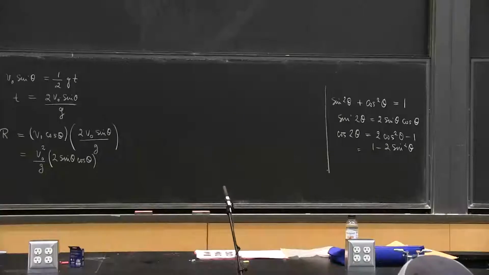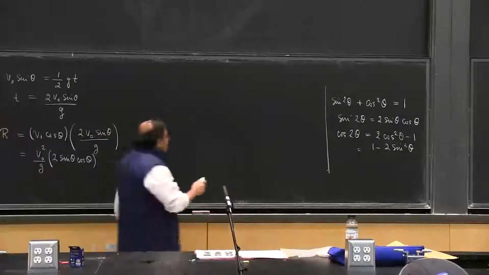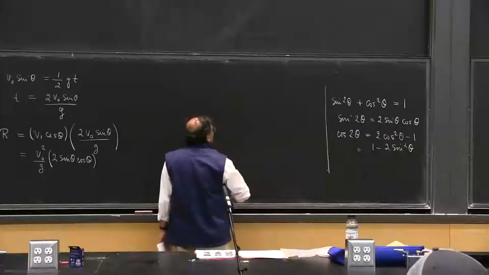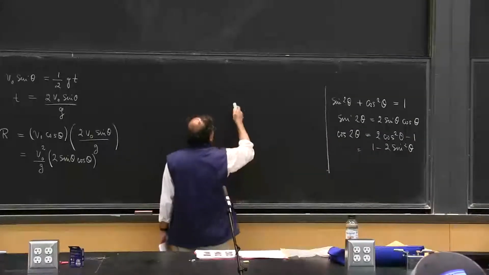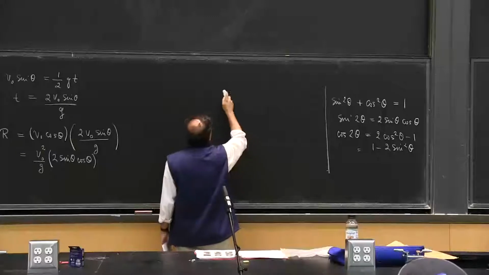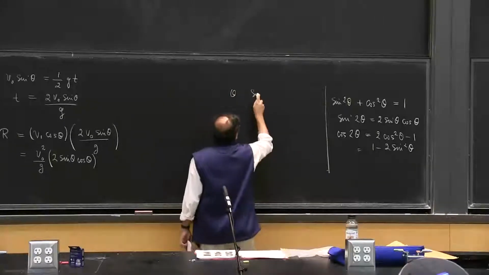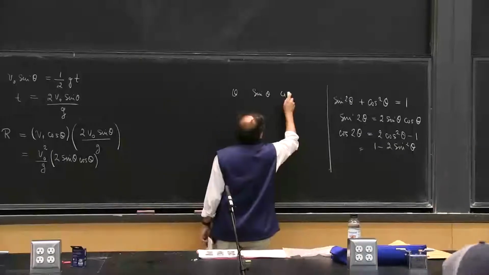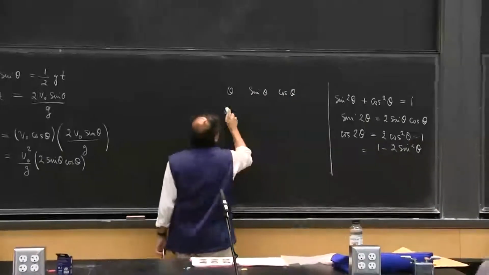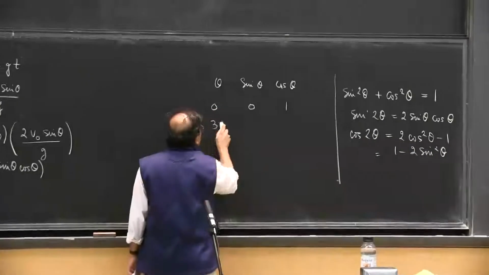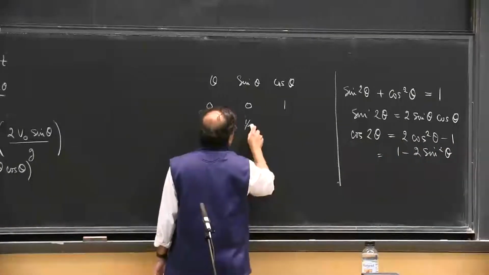Okay. So these are things that you got to know. By the way, there is another thing that I forgot to mention when I was introducing how to calculate the angles in trig. We talked about theta, sine theta, cosine theta. Remember I made a table like this some time back? So this is 0, sine 0 is 0, cosine is 1. Theta is 30, means sine 30 is half.